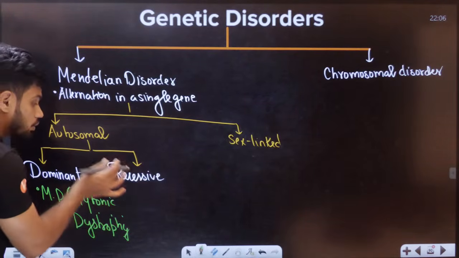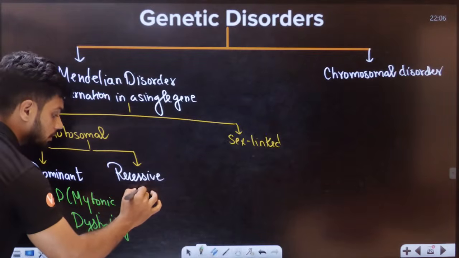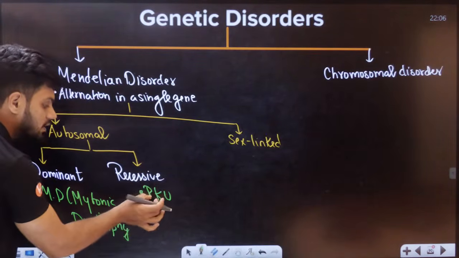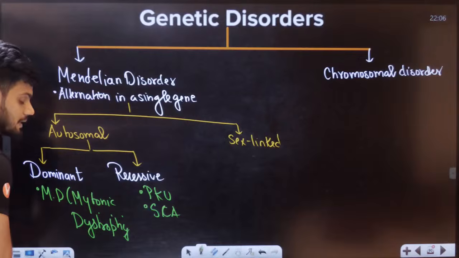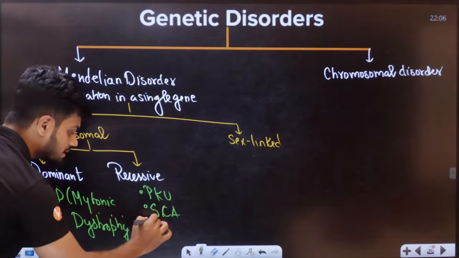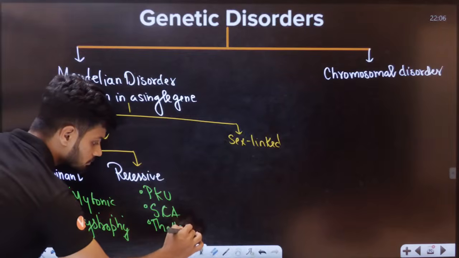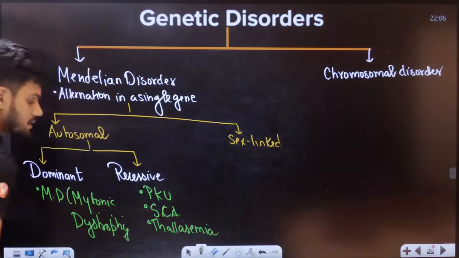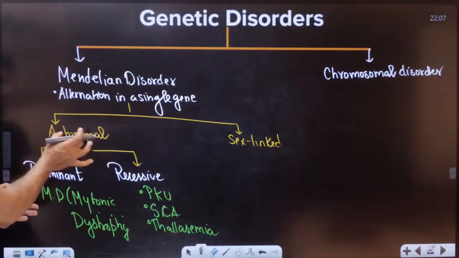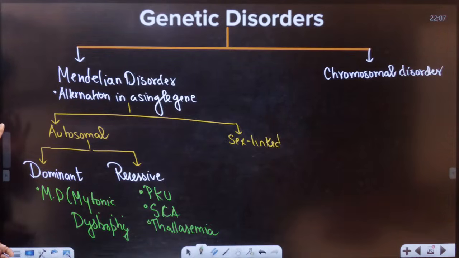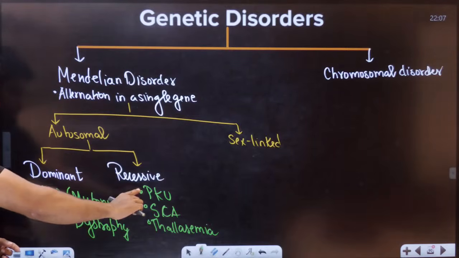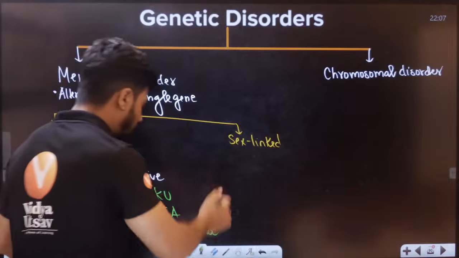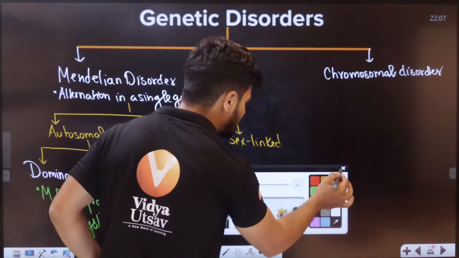Now, under autosomal recessive we have three diseases: PKU, phenylketonuria; sickle cell anemia; and the third one is thalassemia. Now, under sex-linked, we have color blindness.